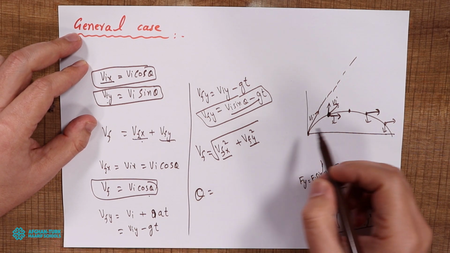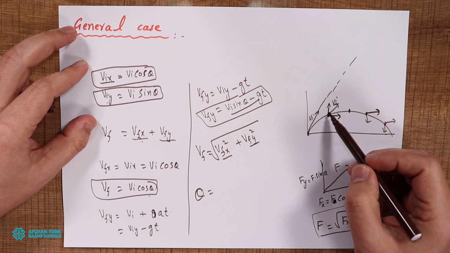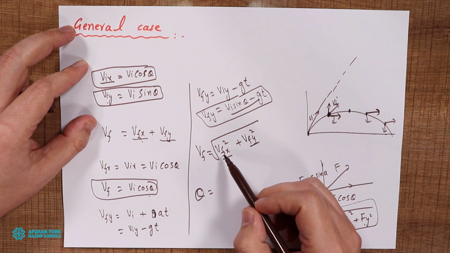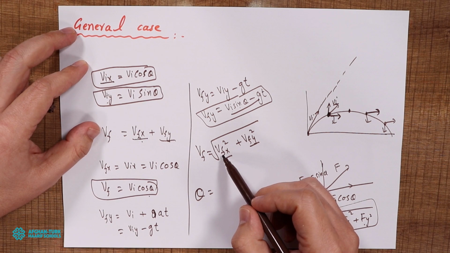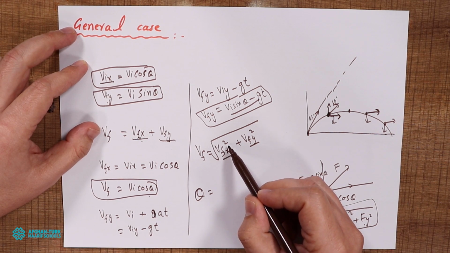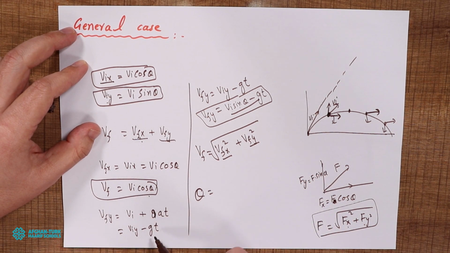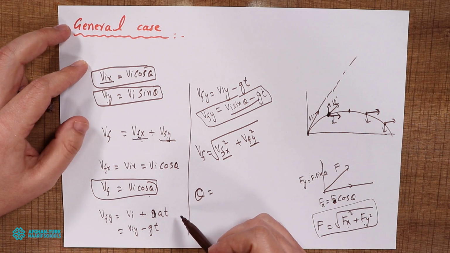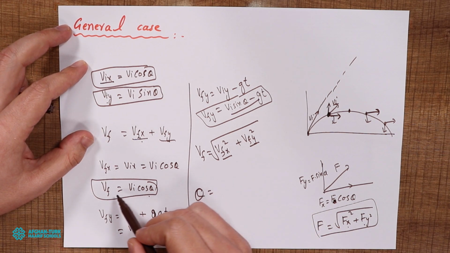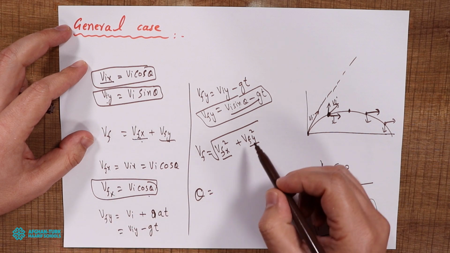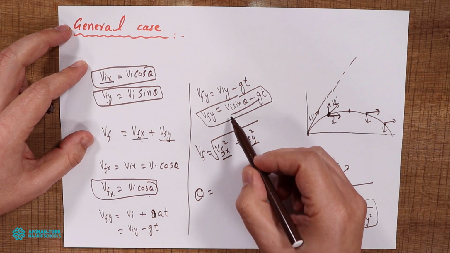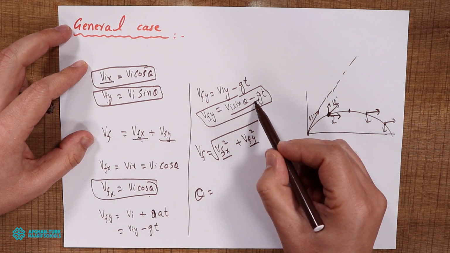So here, same, if we want to find the magnitude of the final velocity, we can use vfx squared, this formula, and the second one we can use vfy, this formula.